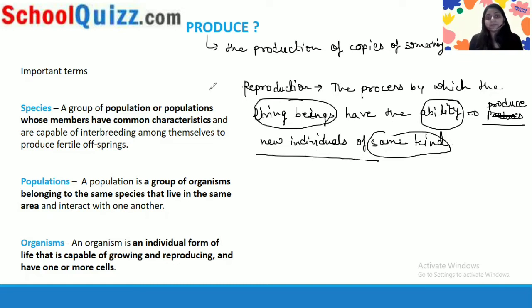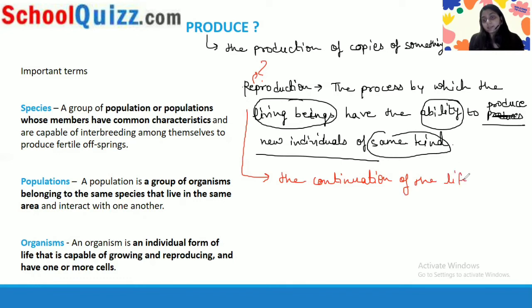Okay, and what is the necessity of reproduction? So why is reproduction necessary? Because of the continuation of the organisms or of the life.